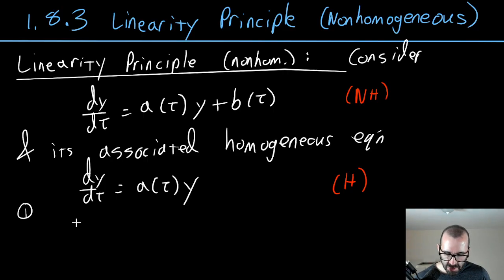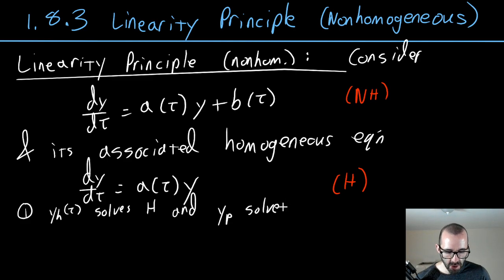So specifically, if y_h(t) solves the homogeneous version, and if y_p solves the non-homogeneous version, then if you add them together, it also solves the non-homogeneous.